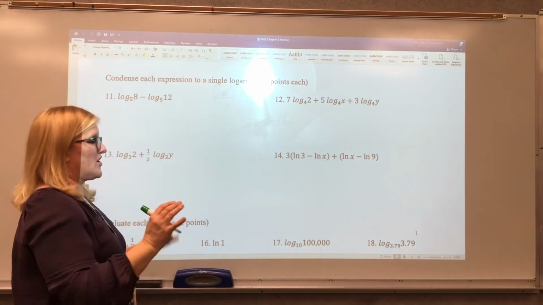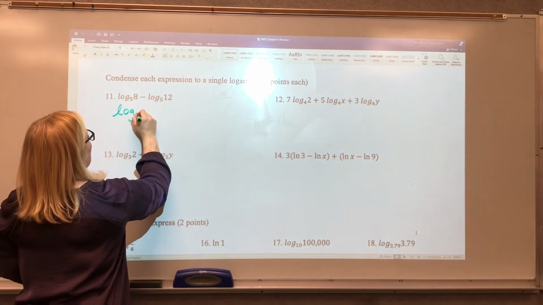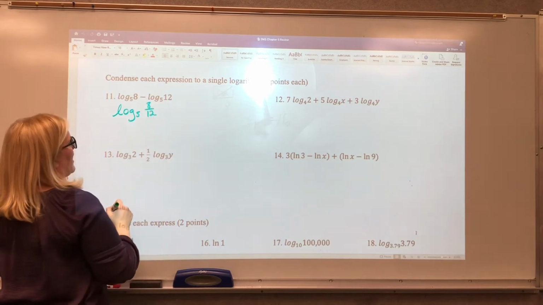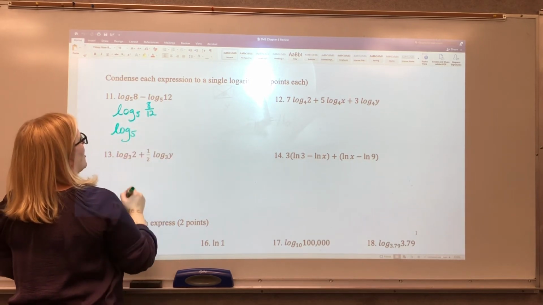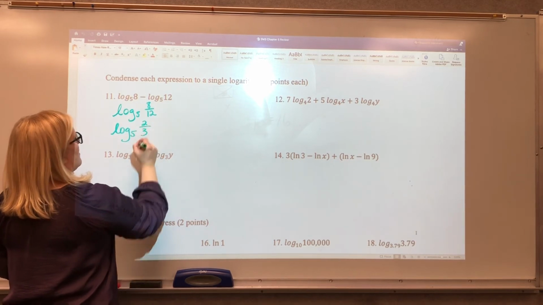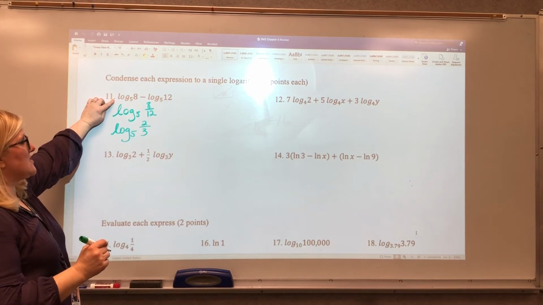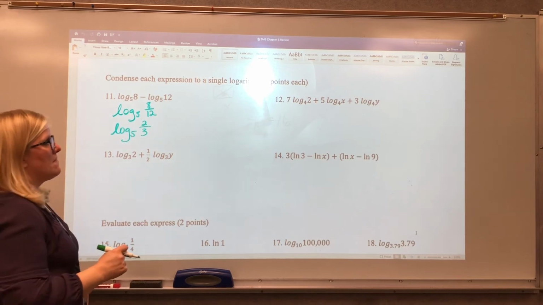That's totally different. Okay, this is log base 5 of 8 over 12. Okay, and we can simplify it more to log base 5 of 2/3. Okay, but it's not the same as log base 5 of 8 over log base 5 of 12. That's the change of base formula.